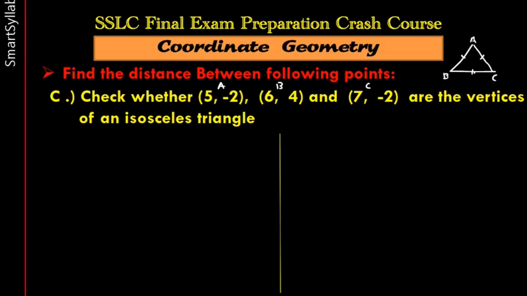Once we compare the lengths of these 3 sides, we can easily know whether the triangle is isosceles, in the sense in which 2 sides are equal or not. So this is the idea behind this sum. First we'll find AB, then we'll calculate BC, then finally we'll go for AC. Okay, let's start now. Solution.